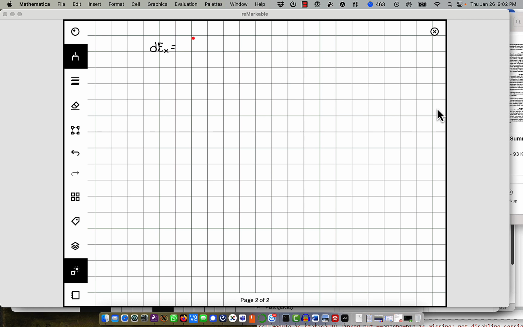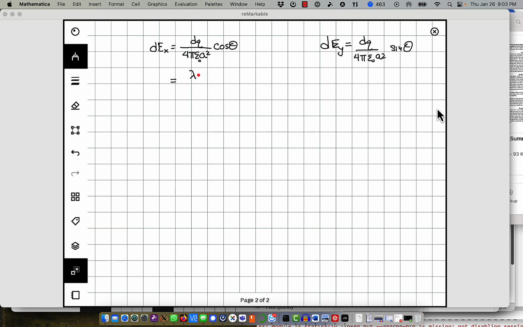Okay, so here we go. dEx is dQ over 4 pi epsilon naught a squared cos theta, and dEy is dQ over 4 pi epsilon naught a squared sine theta. So those are our components.